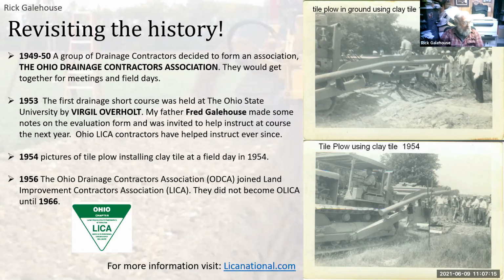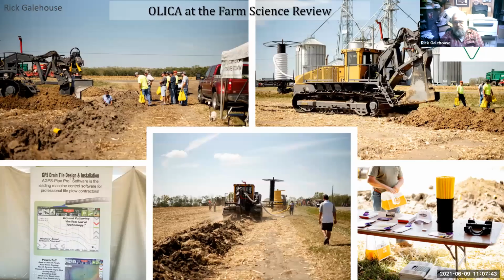If you wanted more information on the LICA, you can go to the LICA National, www.licanational.com. And you can, from there, go to any state that's available. So that's about all I have for now.